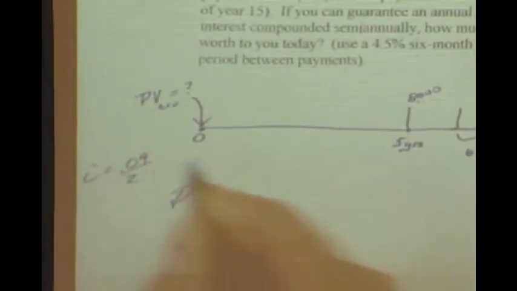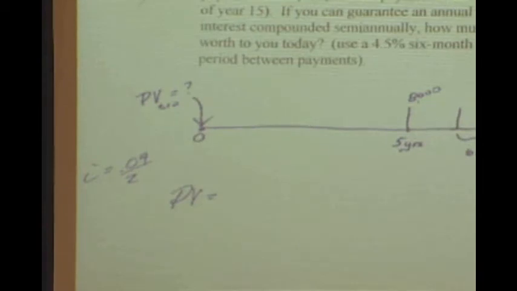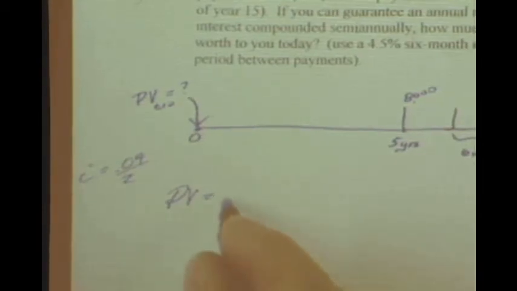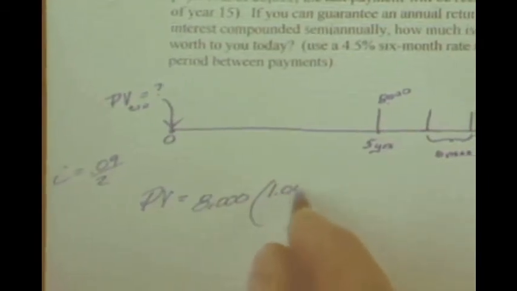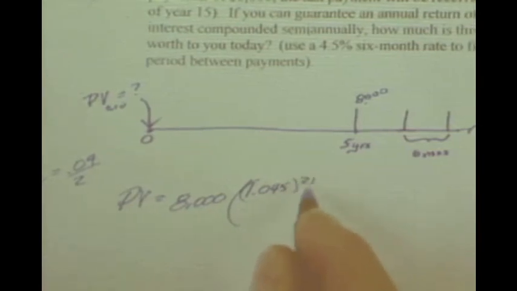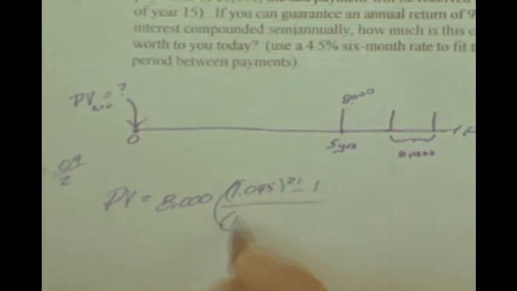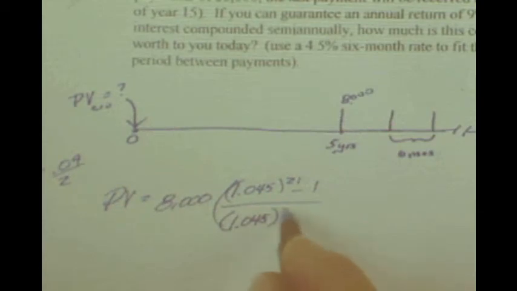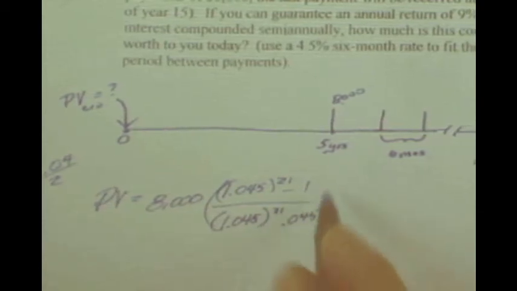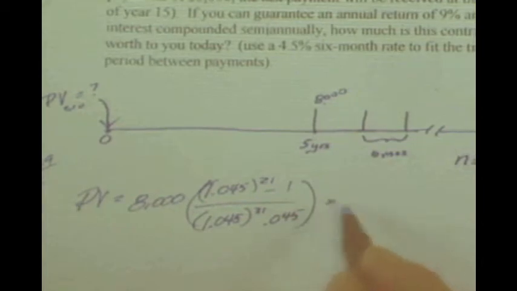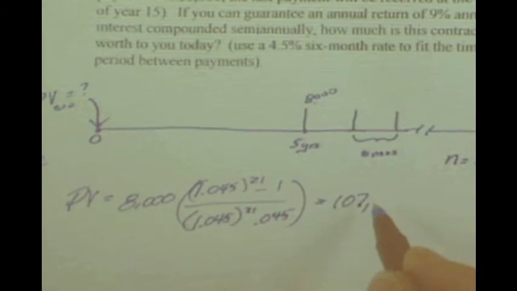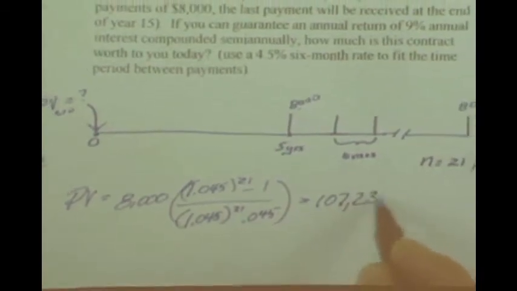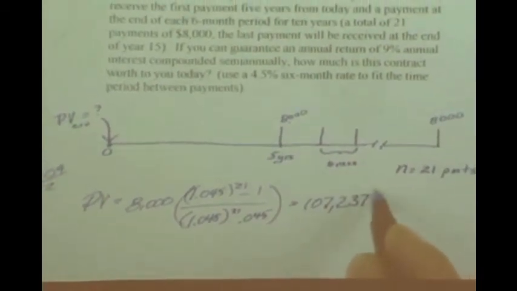The interest rate, again, is 0.09 divided by 2. And again, we get that $107,237 amount.